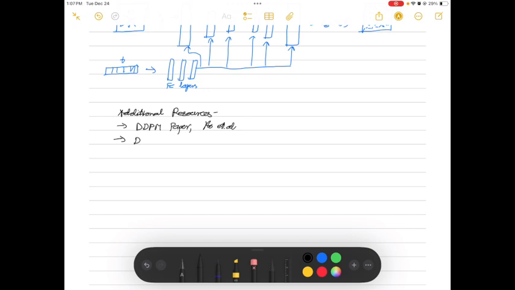Then there is DDIM, which introduces implicit models, also simplified DDPMs.